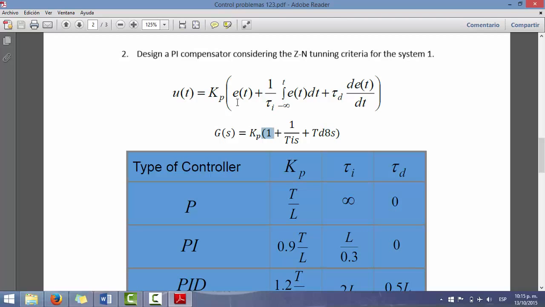This one is equal to the integral part of this, and the Kp remains equal, but we have this now in the domain of S.